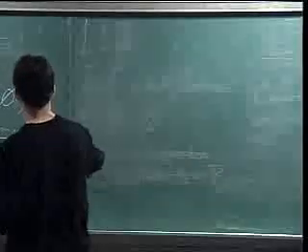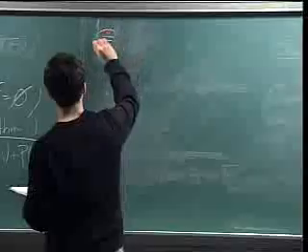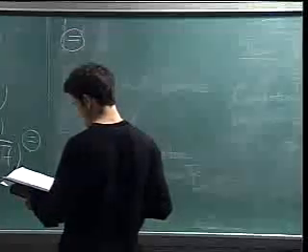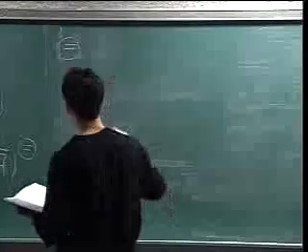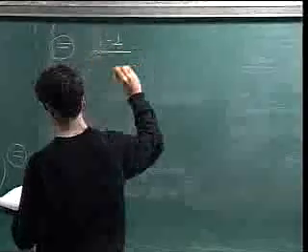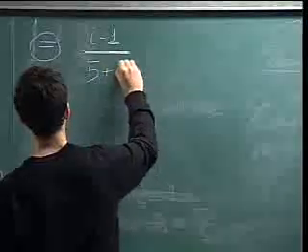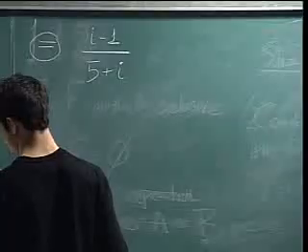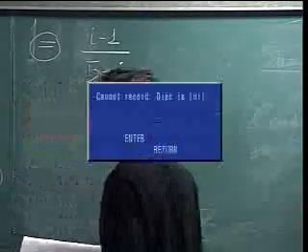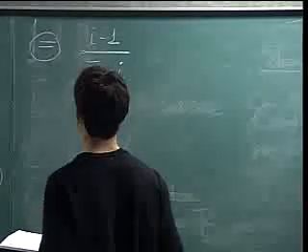So now let's continue this here. After a few calculations, you can see that this probability is equal to I minus 1 over 5 plus I. And I guess you can do this by just counting the different outcomes that will give you I and 7.